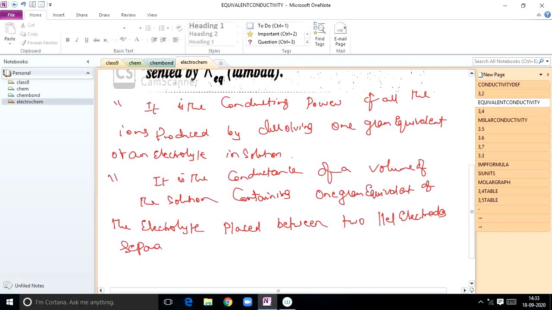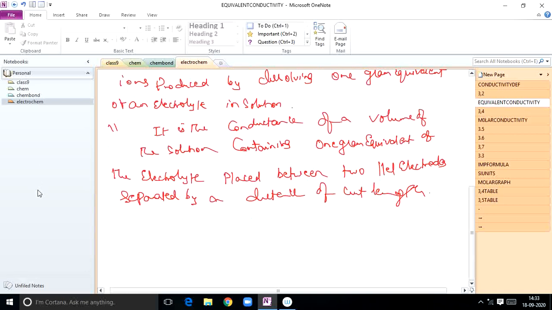Very easy definition. Imagine, separated by a distance of unit length. So this is called equivalent conductivity or equivalent conductance. That is denoted by lambda E.